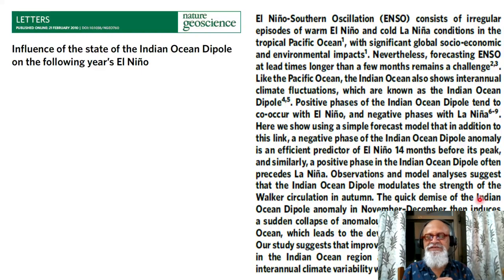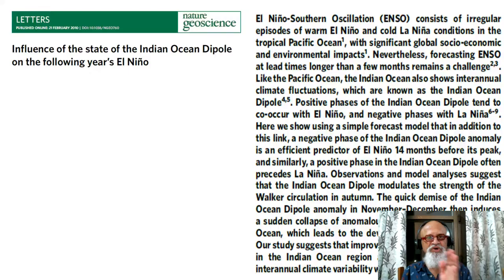Observations and model analysis suggest that the Indian Ocean dipole modulates the strength of the Walker circulation in autumn. Makes sense. The quick demise of the Indian Ocean dipole anomaly in November, December. Remember, IOD peaks in SON, and by December, usually it's gone. Then this induces a sudden collapse of anomalous zonal winds over the Pacific Ocean, which leads to the development of El Nino and La Nina.